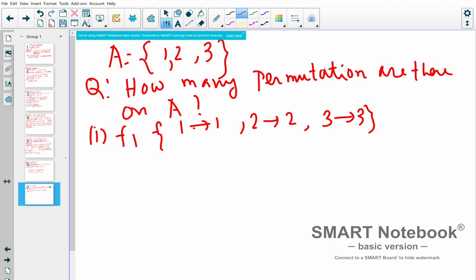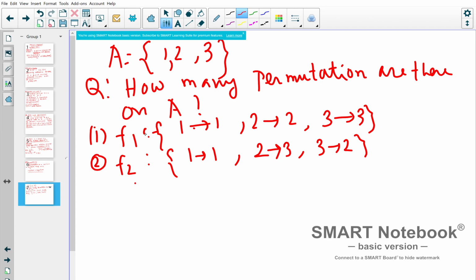It sends every element to itself, and you can check this is a bijective map. Similarly, you can have say F2. It sends 1 to 1, but it swaps 2 and 3: it sends 2 to 3 and 3 to 2.